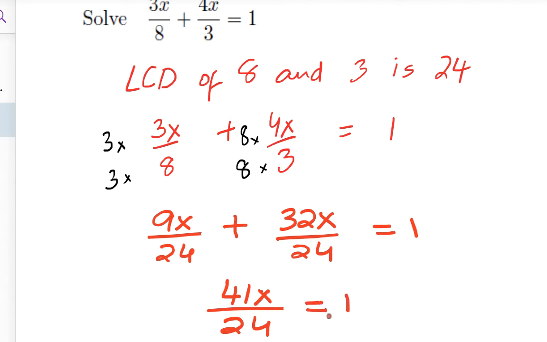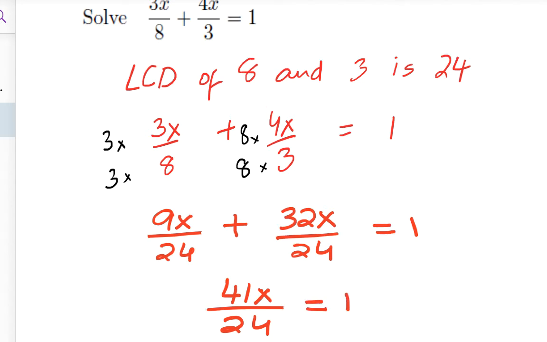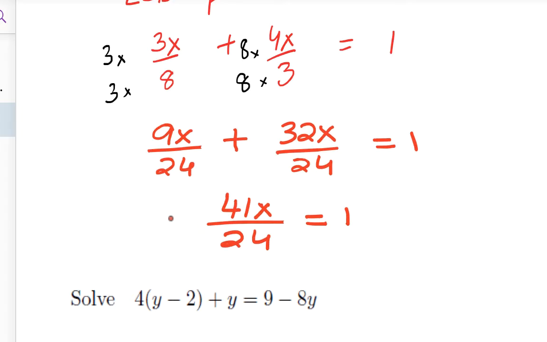equals 1. Now to solve for x, we're going to multiply on both sides of the equal sign by the reciprocal of 41 over 24, which is 24 over 41. So what do we get?